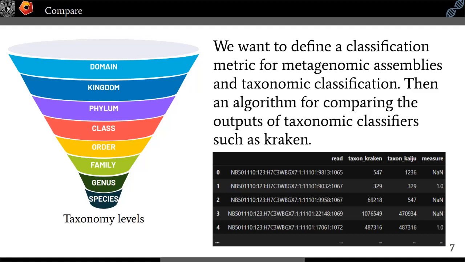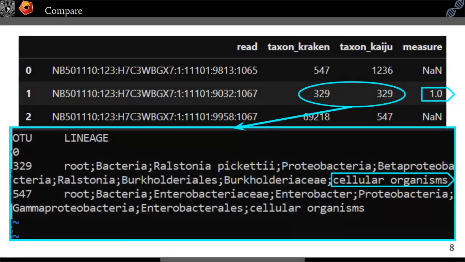Real genomes and simulated metagenomic data are used to assess the accuracy of taxonomic classifiers and assemblers. We obtain a taxonomic comparison table between different assigners and measures of the quality of the assembly at any taxonomic level.